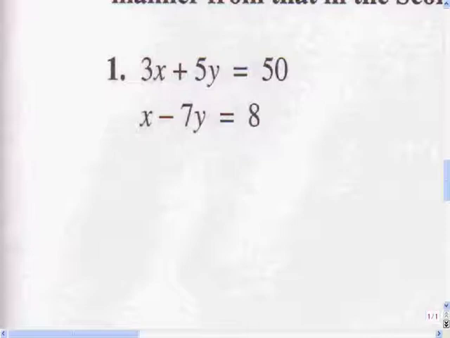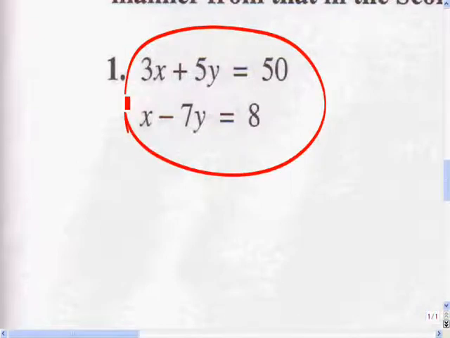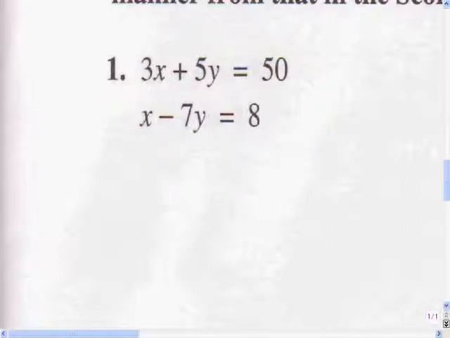The way I make up my mind is if in the simultaneous equations there is a letter that's by itself, one that doesn't have a number or coefficient next to it, I usually use the substitution method. Since this equation has x by itself, I'm going to use the substitution method.